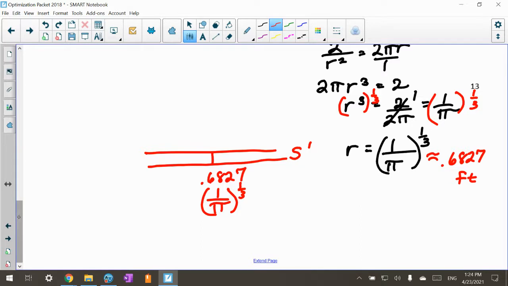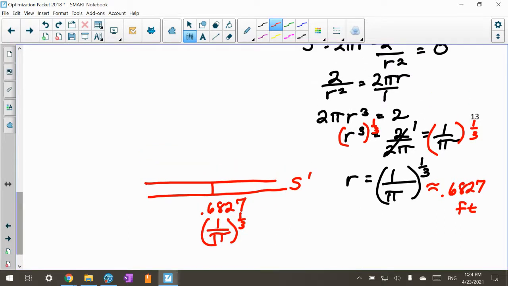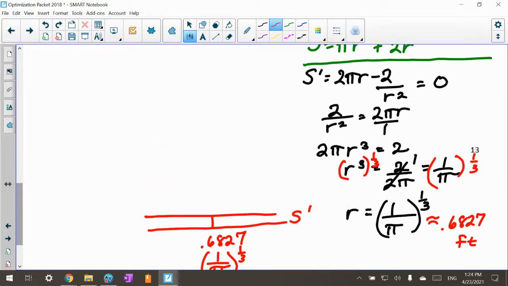This one I would strongly suggest that you either put this in your graph and ask your calculator, just because you're going to go to the left and right of 0.68. When you do that, you're going to get negative numbers here and positive numbers here. So this truly is a minimum.